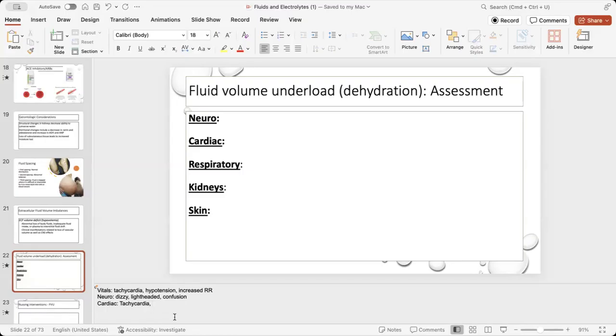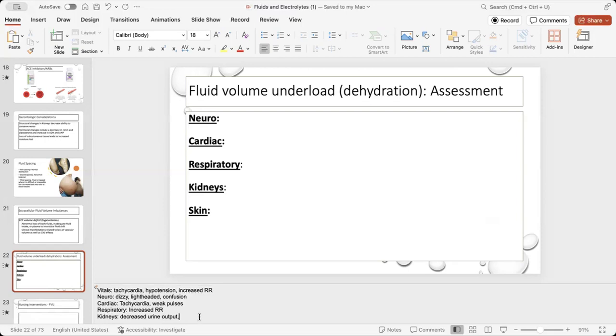What do they feel like? They're weak. Respiration rate, we talked about the increase. Kidneys. Decreased urine output, right? We have less blood volume. Are the kidneys going to be like, oh, I should get rid of some? No, it's going to hold on, because we have to hold on to as much fluid as we can.